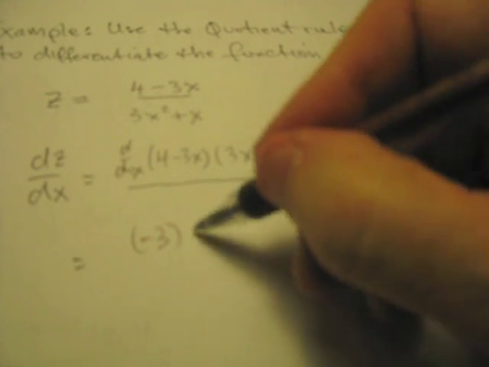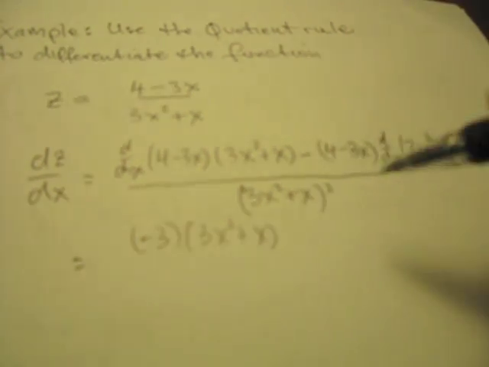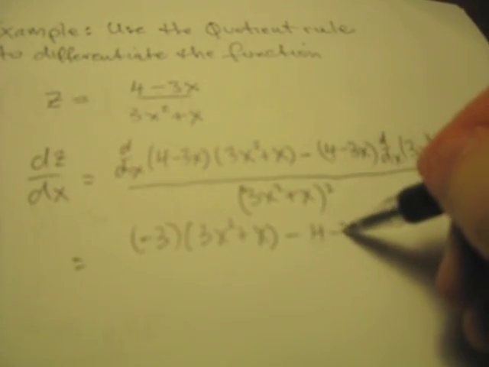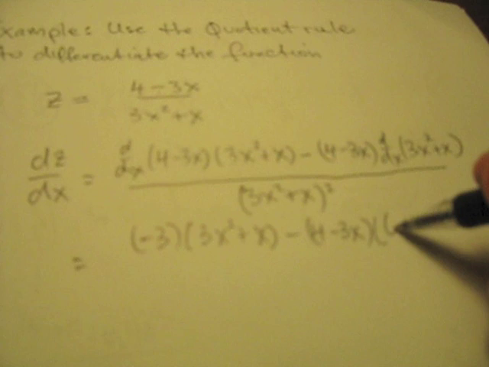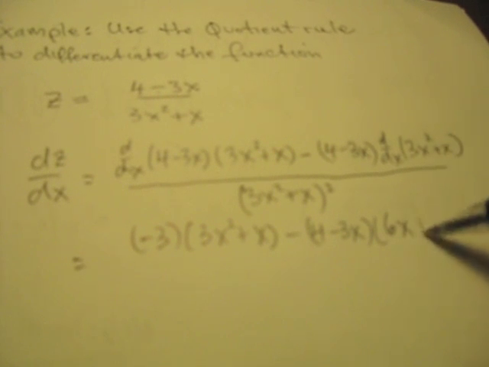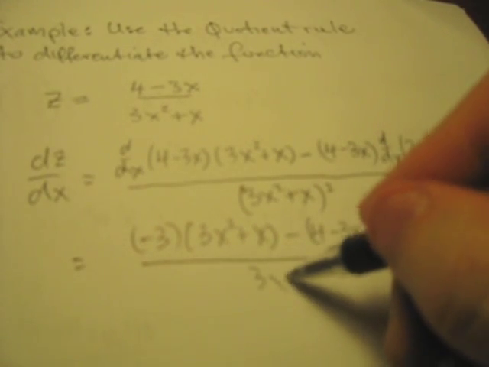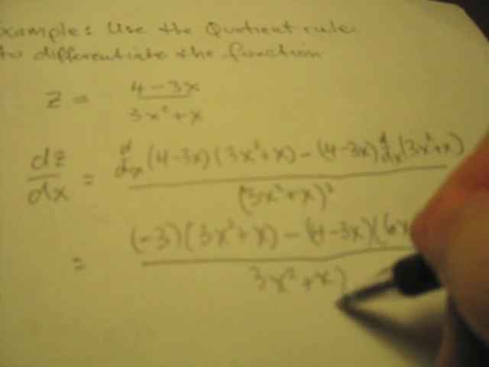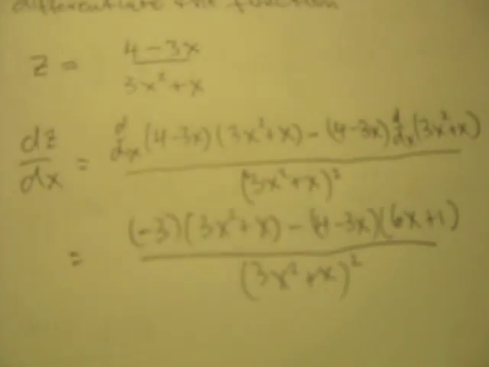Now let's multiply it by the bottom function minus the top function. Now the derivative of the bottom function is going to be 6x, power rule, plus 1. And this is all over (3x squared plus x) all squared. Okay, so that's our next step.